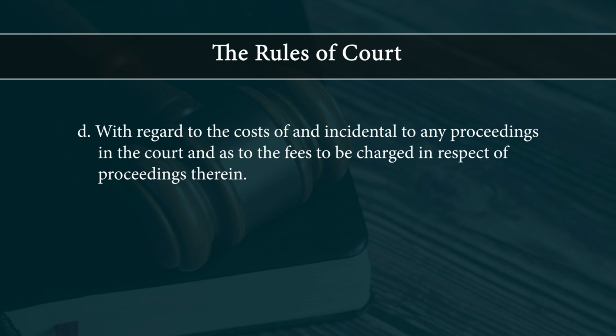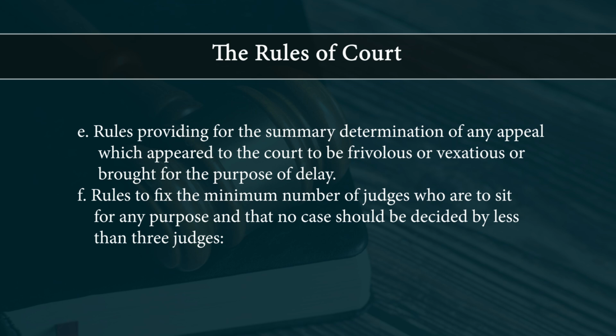With regard to the costs of and incidental to any proceedings in the court, and as to the fees to be charged in respect of the proceedings therein. Then, the rules providing for summary determination of any appeal which appeared to the court to be frivolous or vexatious or brought for the purpose of delay.